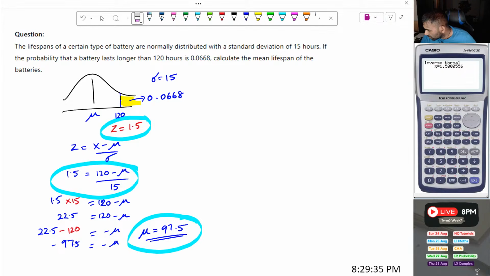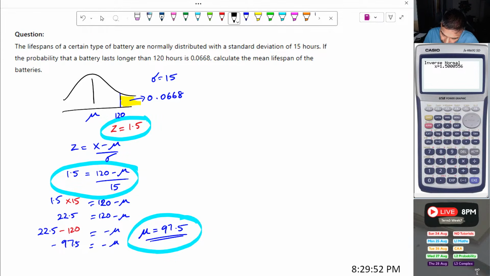So when do we use the right and left one? Okay. It doesn't matter whether you use right or left. What matters is you put the right probability. Let me show you what I mean. In this case, I did the right one.